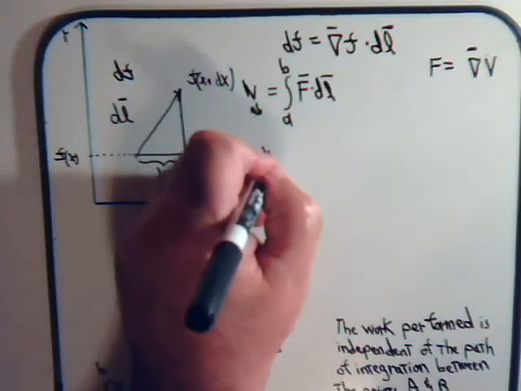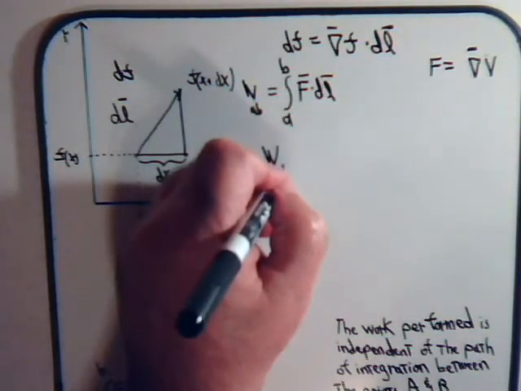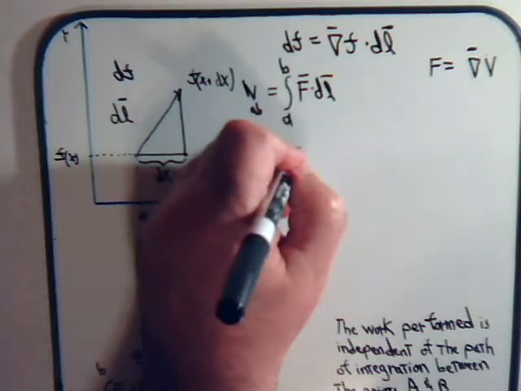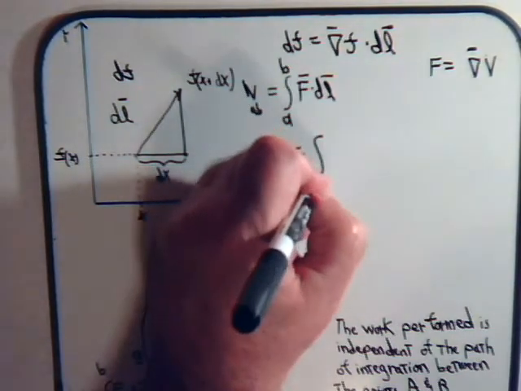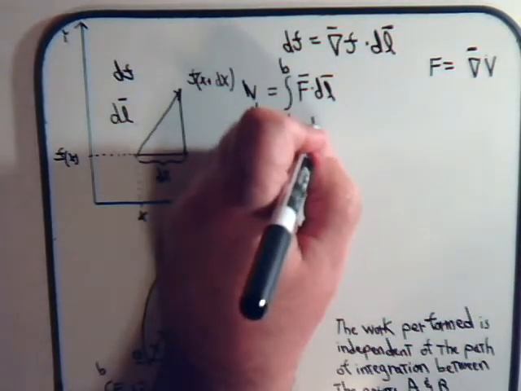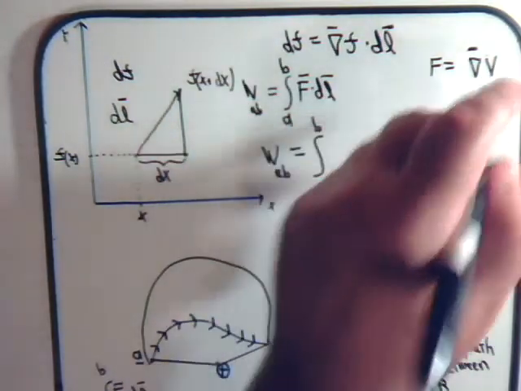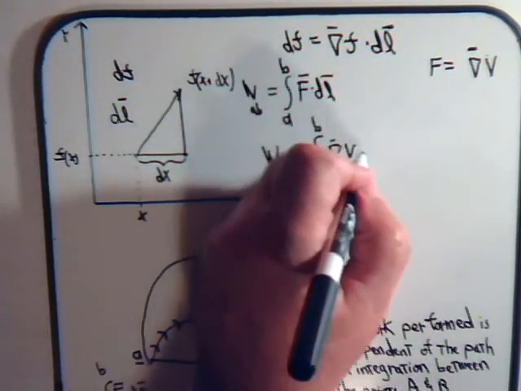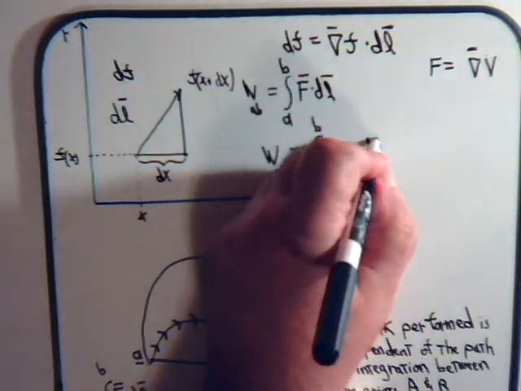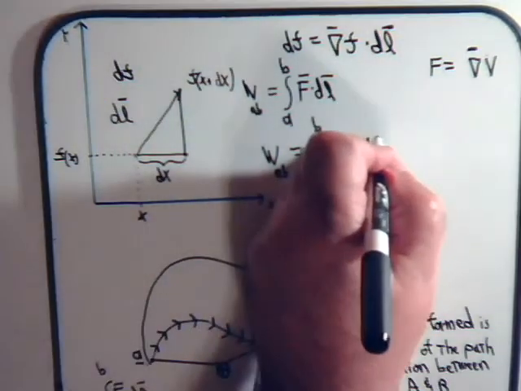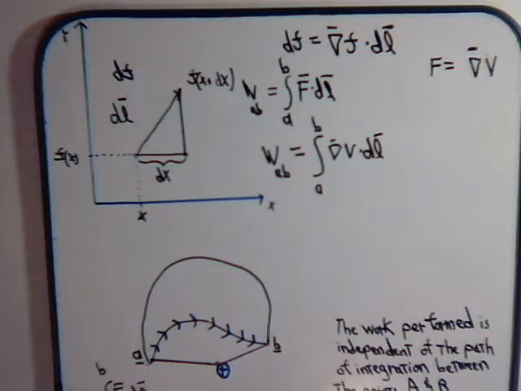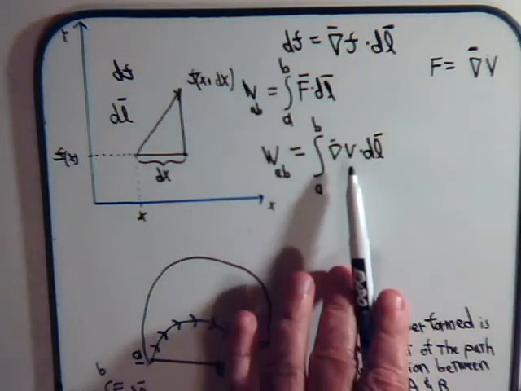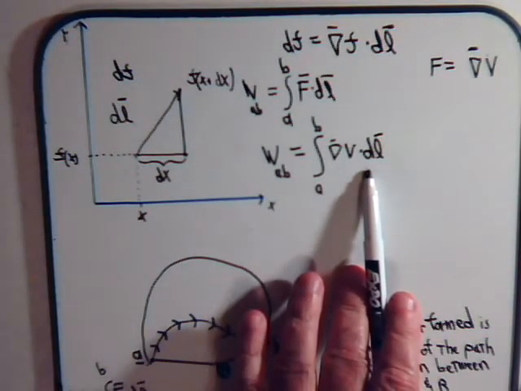the amount of work that's being performed going from A to B would be equal to, if I go from A to B, F is this, so we would have del V dot dl. But del V dot dl, that's dV.